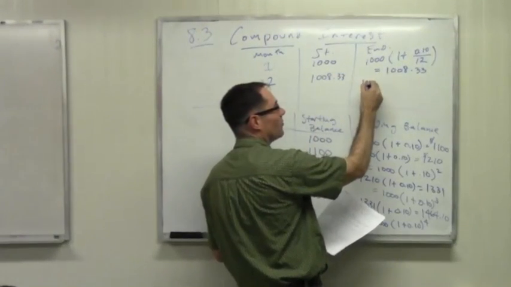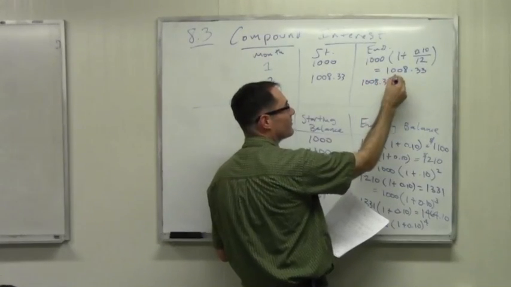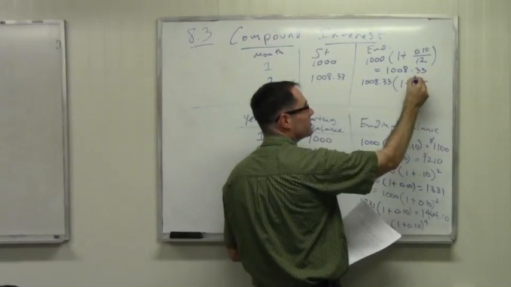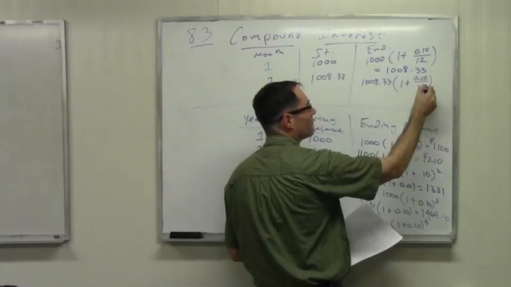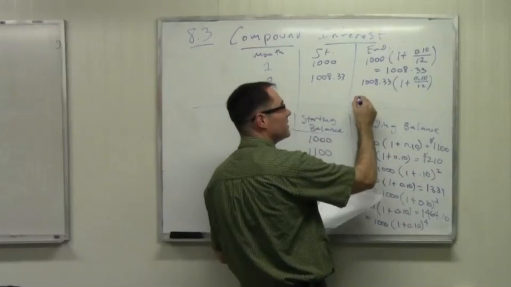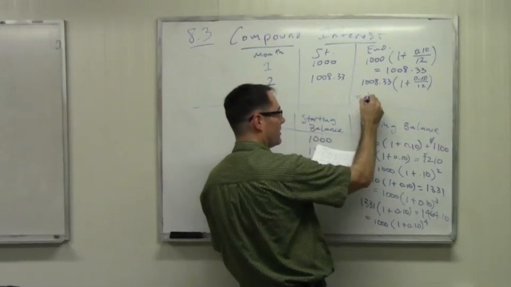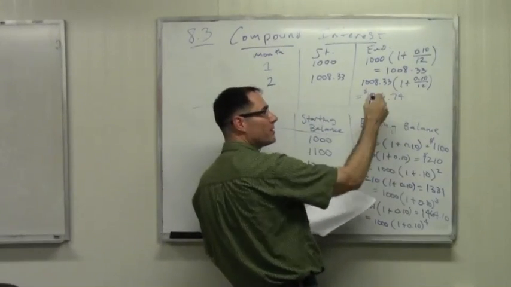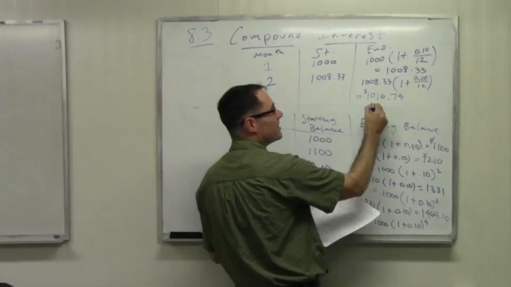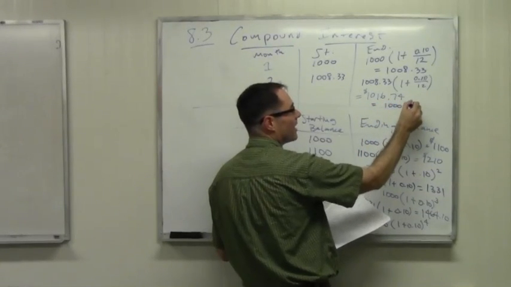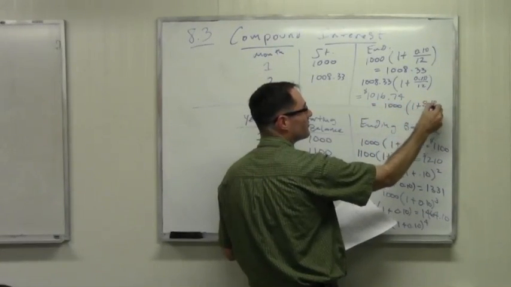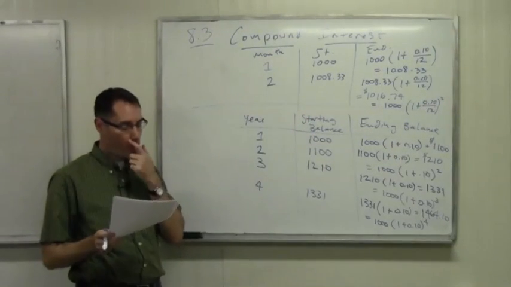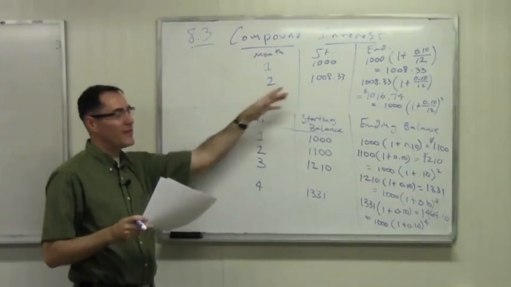Well, that equals 1,008.33 times 1 plus 0.10 divided by 12, which equals 1,016 and 74 cents. But if we did the formula, it's multiplied by this again, so it's really 1,000 times 1 plus 0.10 divided by 12 squared. And you keep going with that same pattern again.